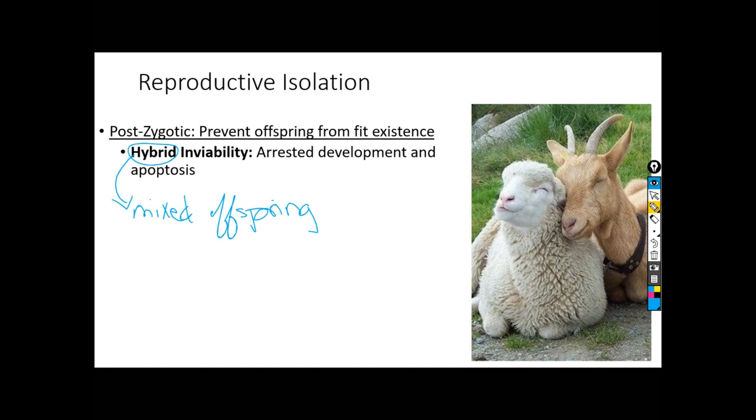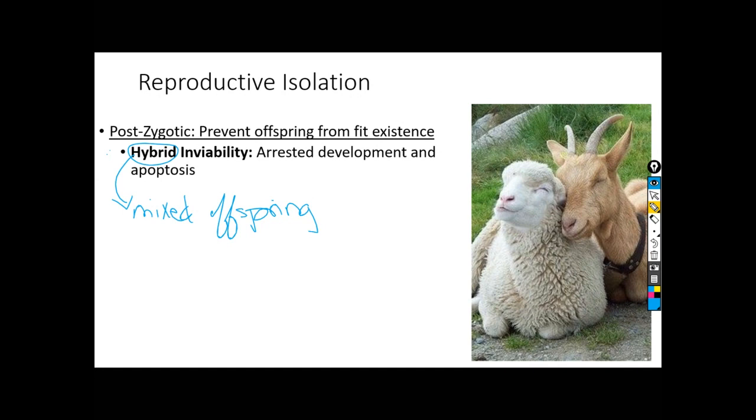So hybrid inviability, in other words, the baby of two different populations, or a mixed baby, is inviable. They literally can't survive. This only happens if the organisms that we're working with are already very, very different. Maybe they have a different number of chromosomes, for example, so they can't go through mitosis appropriately.